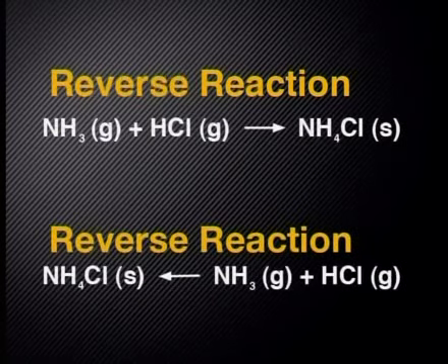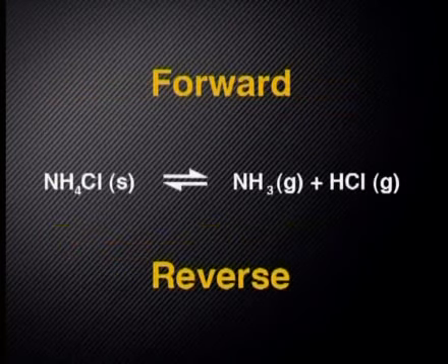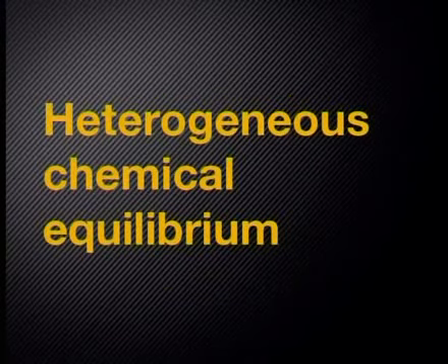Next, we turn the reverse reaction around, and then we can add the two reactions together. The double arrow shows that the reaction is in a chemical equilibrium. In this chemical equilibrium, the reactant is a solid, but the products are both gases. We call this a heterogeneous chemical equilibrium.